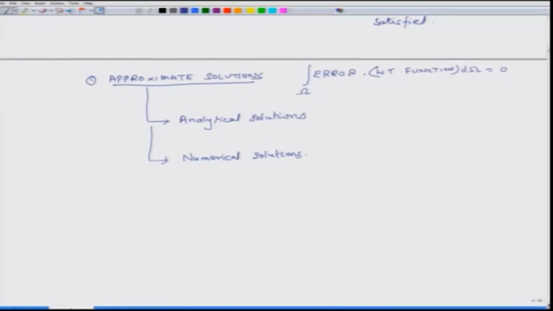Okay. So then these approximate solutions lie in two categories, numerical and analytical. In analytical solutions, in plain language, we get some sort of formulas as solutions.